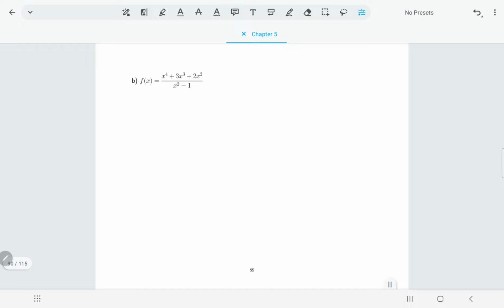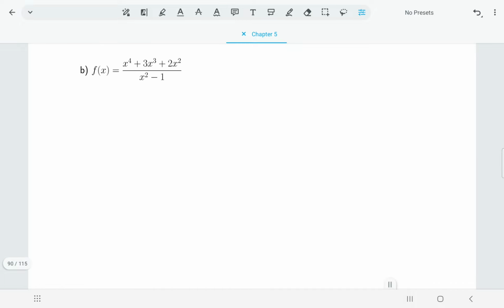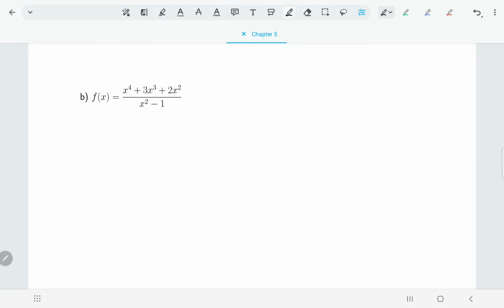Okay, let's do another one, f of x. This one is a little bit more involved. We're going to have to do some factoring. And it's not too bad to factor. Top, I'll take out a constant, take out a common factor of x squared. The bottom is a nice difference of squares, x minus 1, x plus 1.